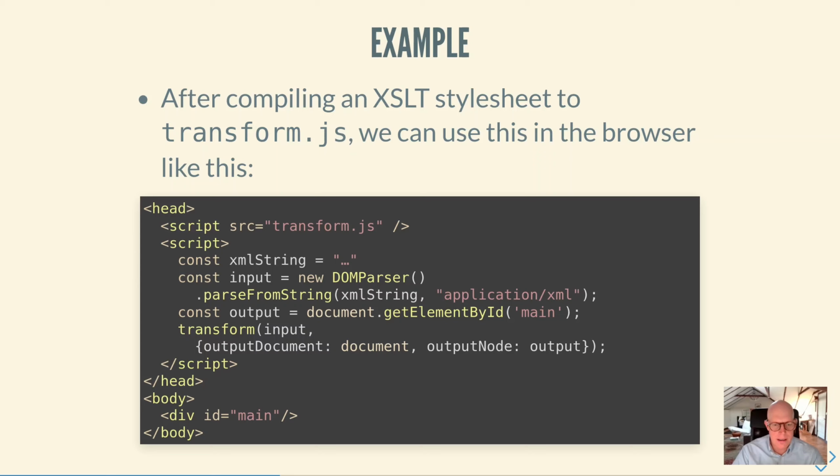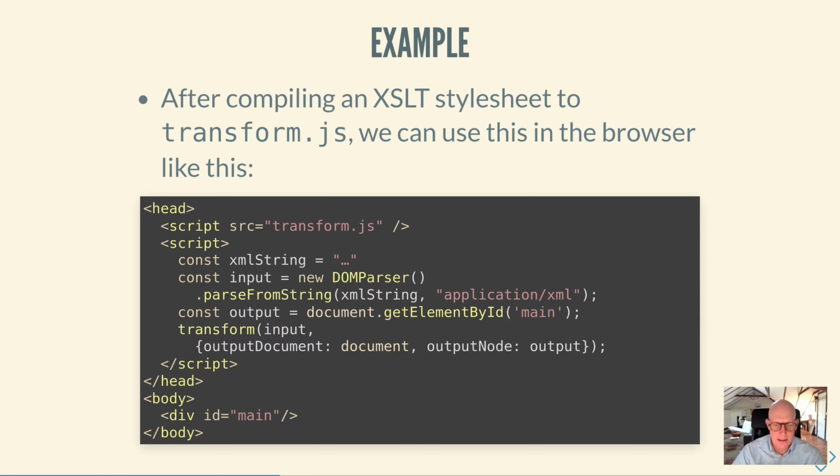We're parsing an XML string using the DOM parser, and then we're getting an output node in the browser's DOM, and then we're calling directly the transform function, which is exported from transform.js. And that will take the parsed DOM, transform it according to the XSLT transform, and then output it directly into the browser DOM.